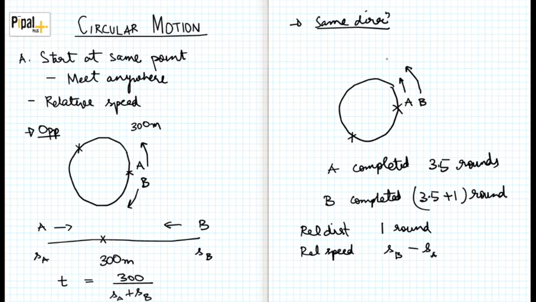Because they're both moving in the same direction, the relative speed concept tells us that the difference of their absolute speeds is going to be the relative speed. So clearly, if this circumference was again 300 meters, then the time that they will take to meet for the first time is going to be one circumference divided by the difference of their speeds.